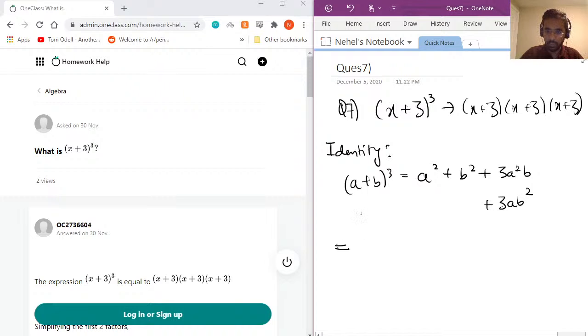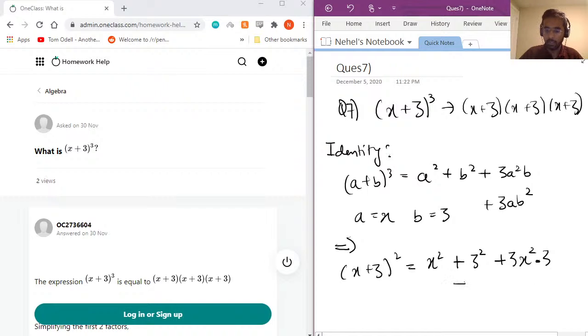In the question, a is equal to x and b is equal to 3. Therefore, the expression x plus 3 whole cube is equal to a cube, which is x cube, plus b cube, which is 3 cube, plus 3a squared b, which is 3x squared times 3, plus 3ab squared, which is 3x times 3 squared.